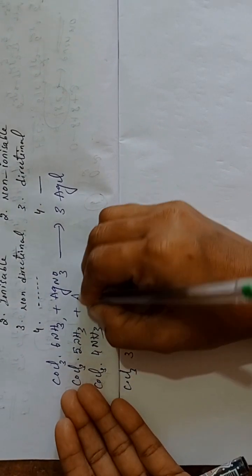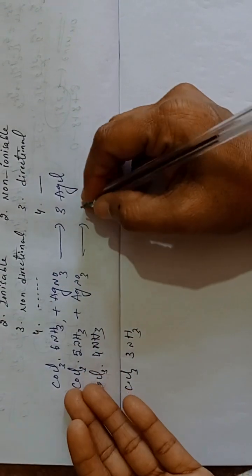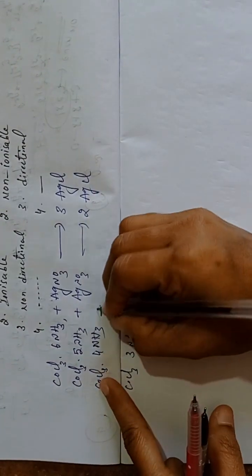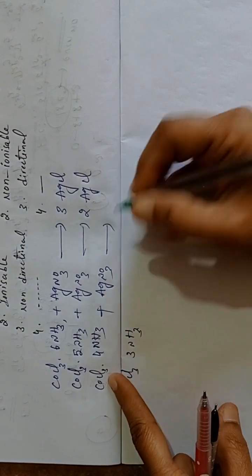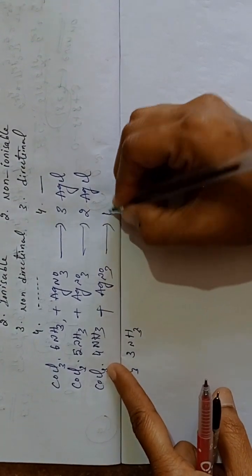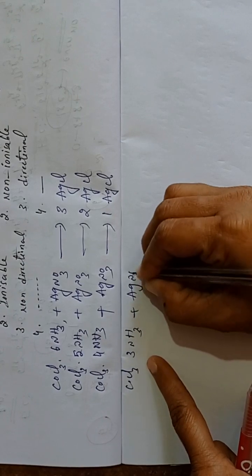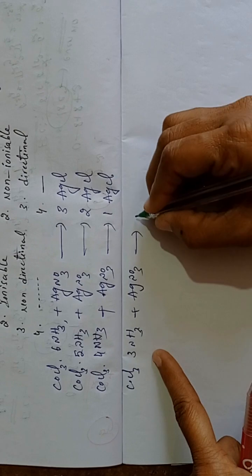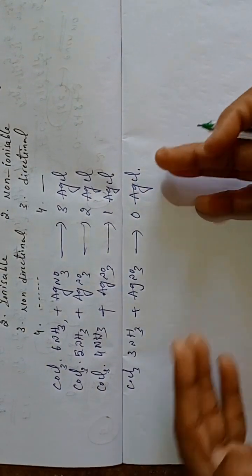Now, when silver nitrate solution is added to one compound, it gives 2 moles of AgCl. It produces 1 mole of AgCl for another, and when silver nitrate is added to the last compound, it produces 0 moles of AgCl. Clear? It is not producing silver chloride.